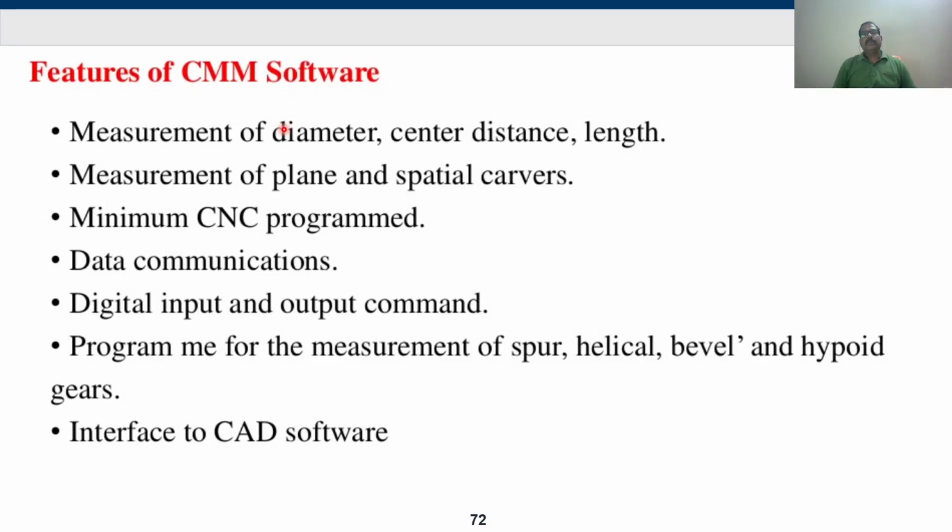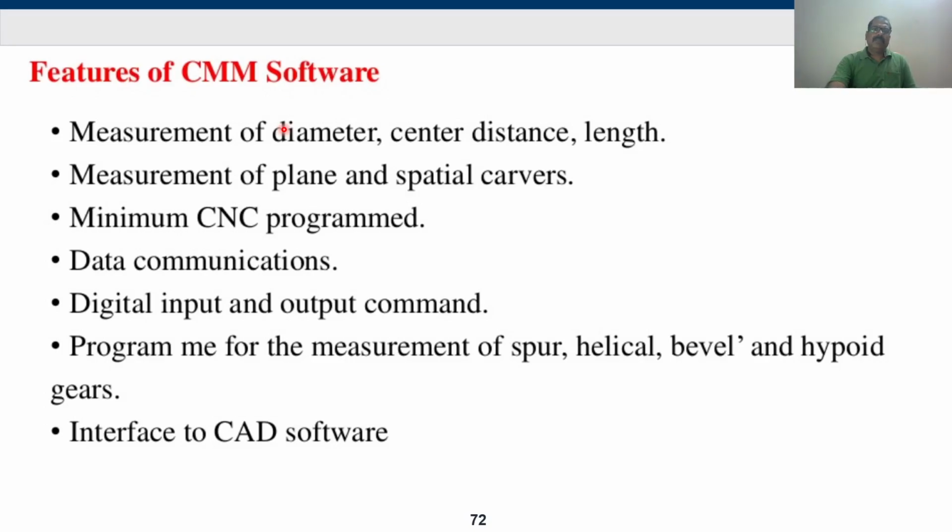Can we import the data, or from the coordinates draw a CAD diagram, or transfer and export the data, or import the data from other CAD software in different file formats like STEP file, STL file, IGS file format. So depending on that functionality, the software should have the flexibility.